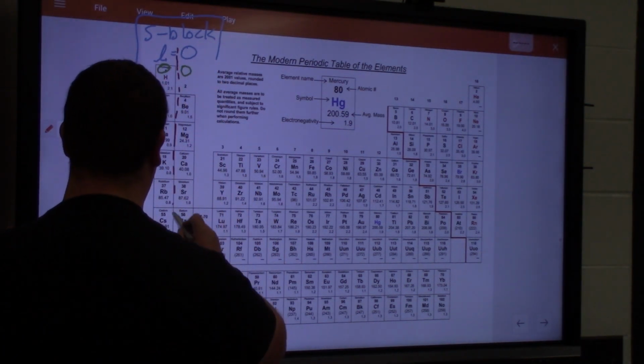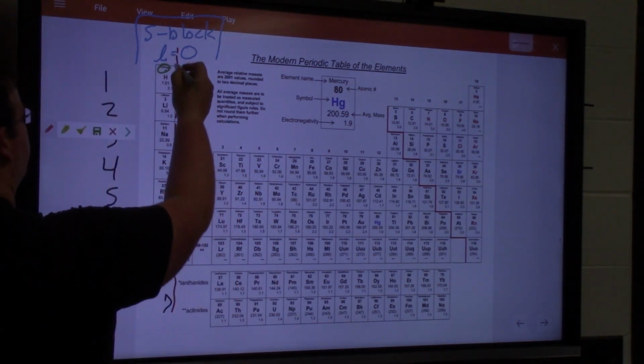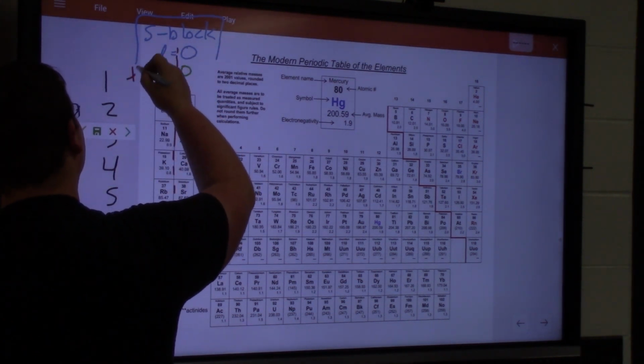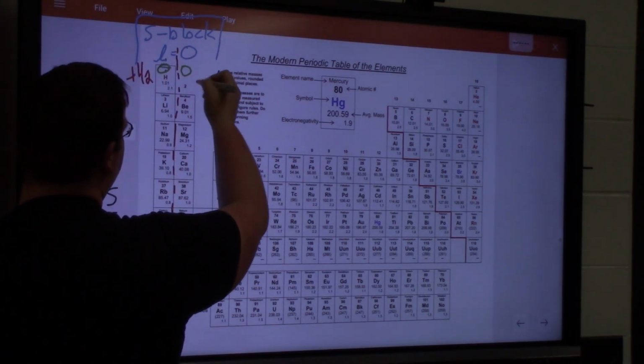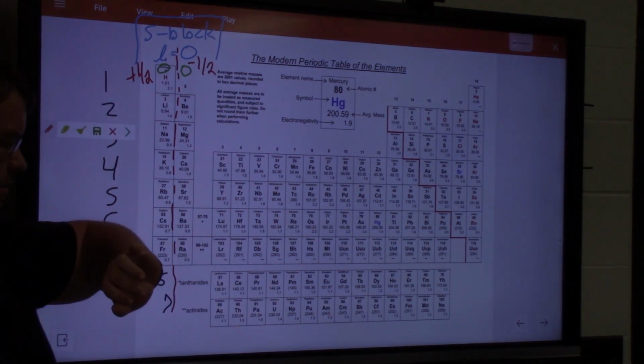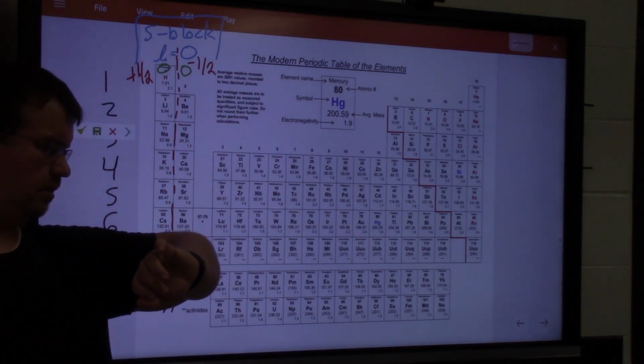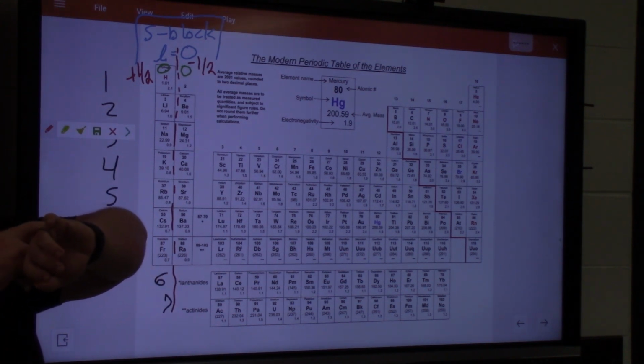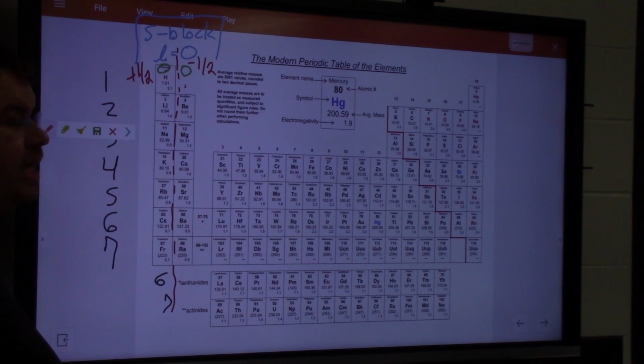This side over here is the plus 1/2. This side over here is the negative 1/2. Confusing because the S block, everything's the same practically.